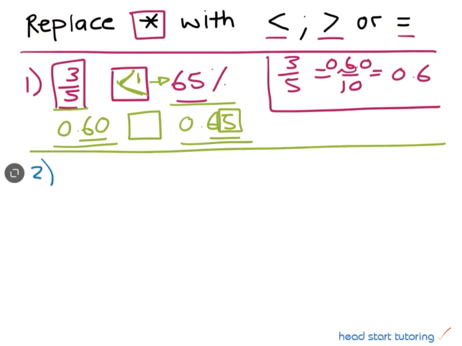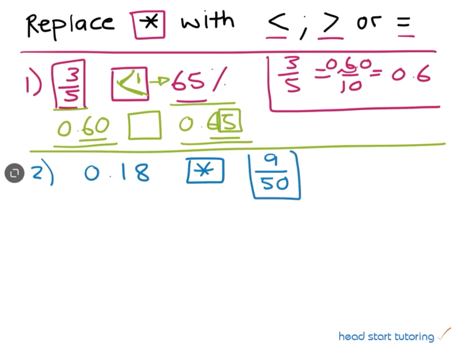Let's have a look at another one. 0.18 compared to 9/50. So we could have a star here, or we could just have a blank space. It just depends on how the question is asked. So again, what I recommend we do here is convert our 9/50 into a decimal.